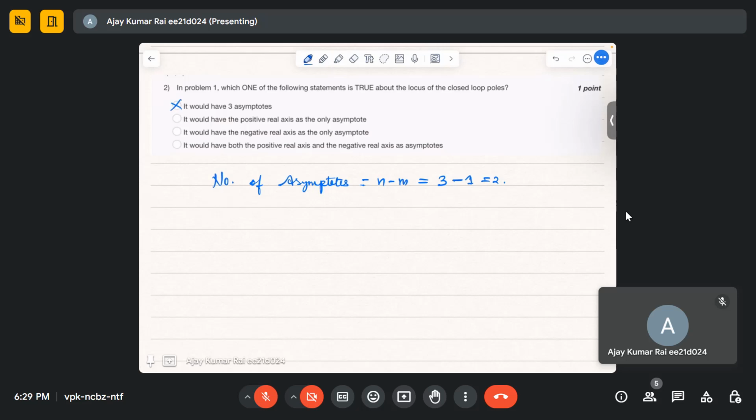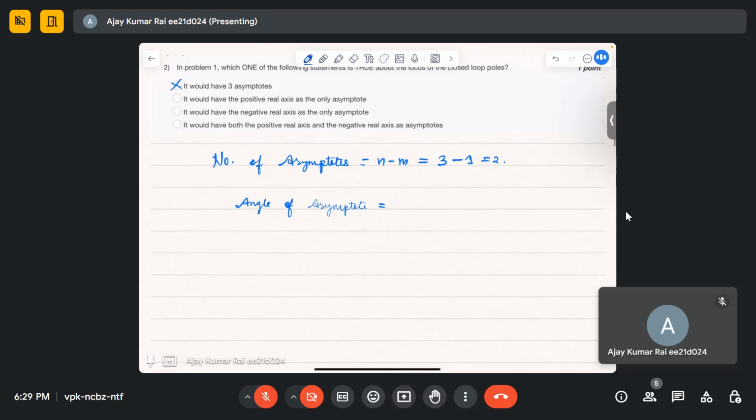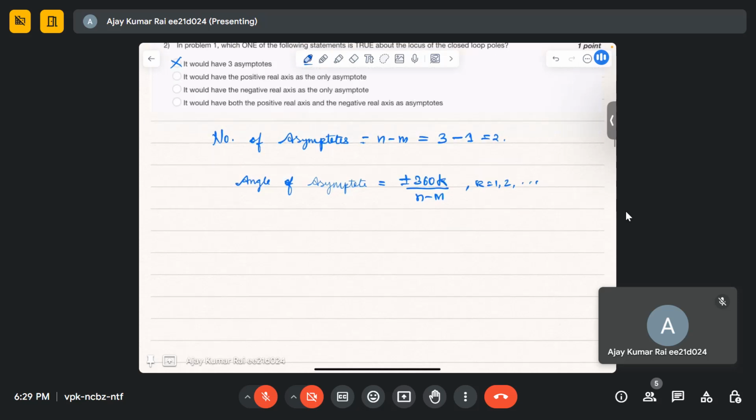Let's find the angle also. Now the formula is changed, and n minus m is here 2.